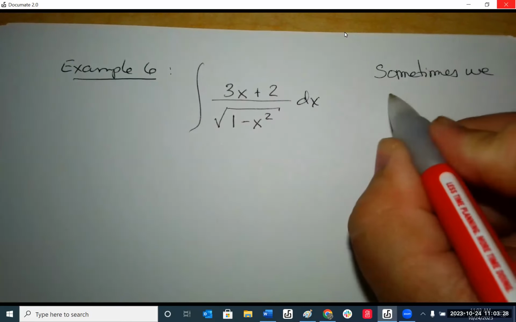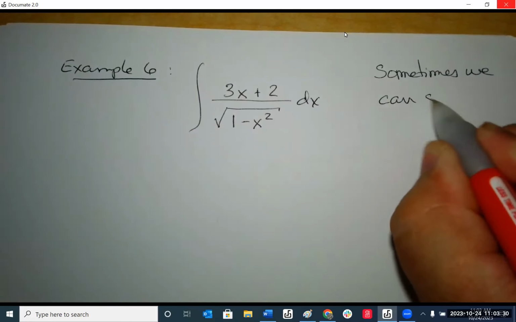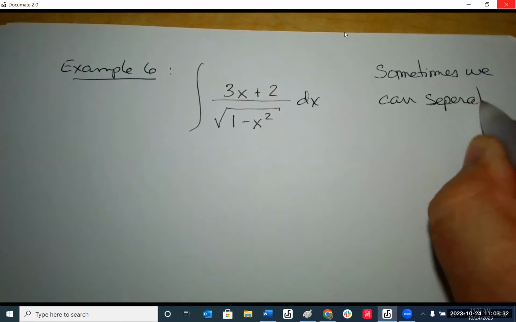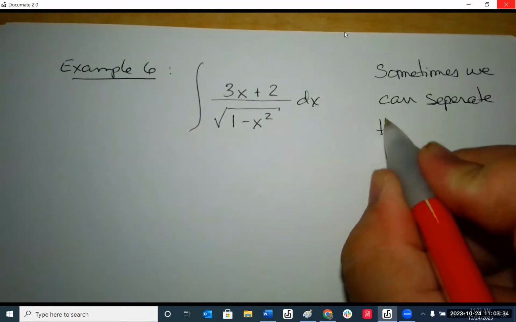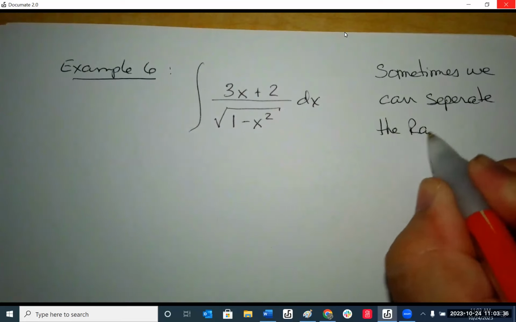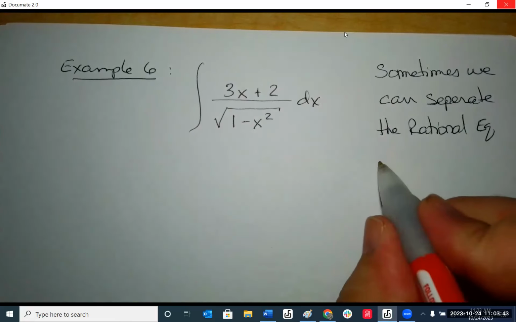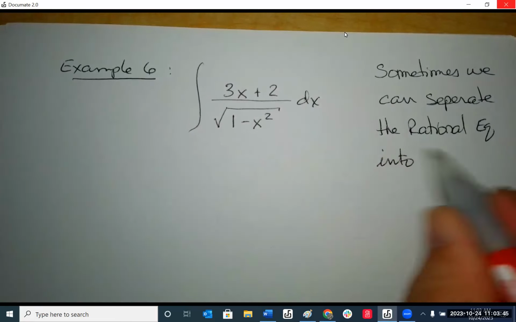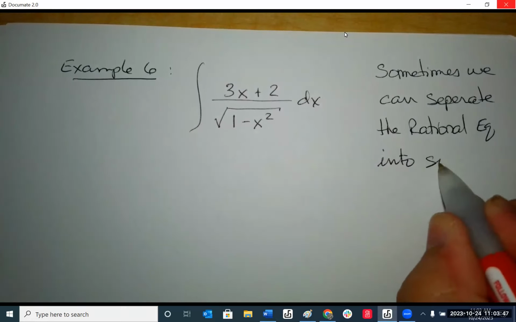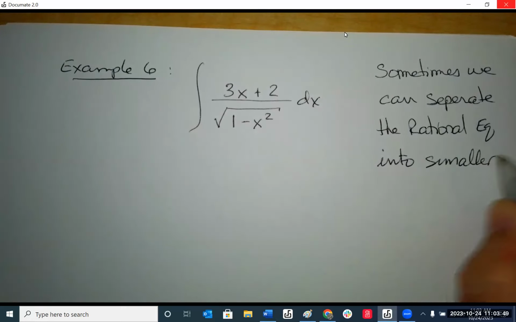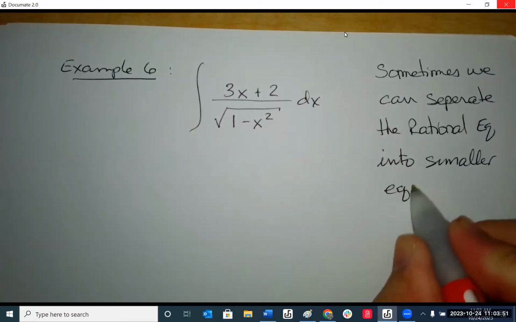Sometimes we can separate the rational equations into smaller equations.